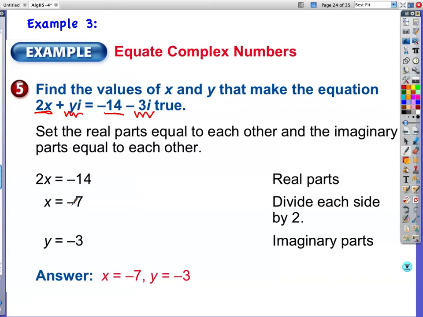I feel like some little piece is missing here. We have yi is equal to negative 3i. Well, i matches the i, so y has to match the negative 3, hence the reason why this is written down here. So x is equal to negative 7, y is equal to negative 3.